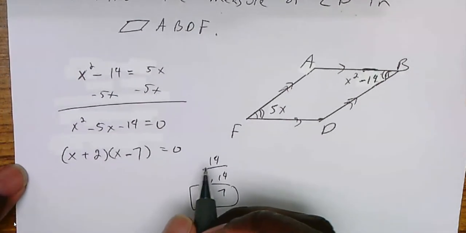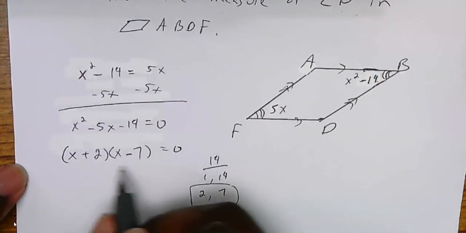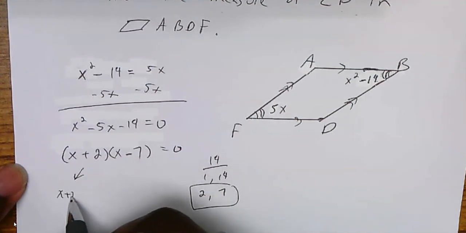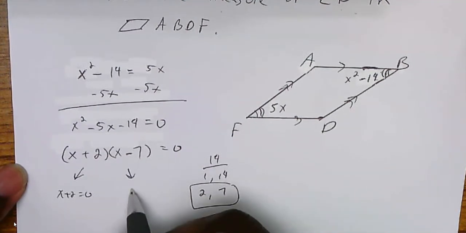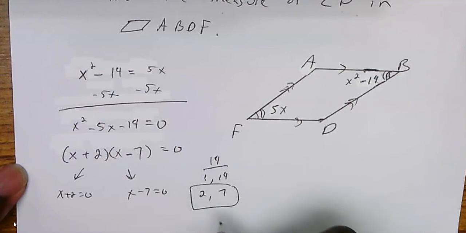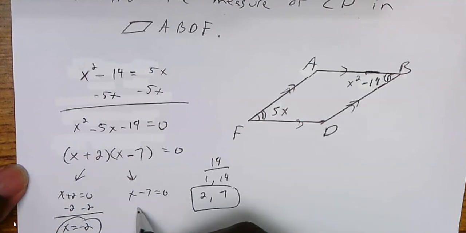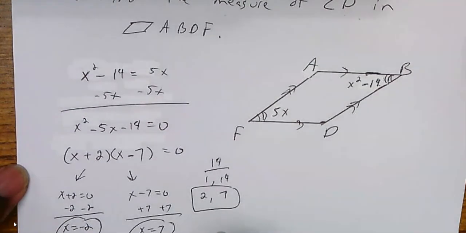If you remember factoring, to find the solutions, you set each factor equal to 0. So I would set x plus 2 equals 0, x subtract 7 equals 0. So one solution is x equals negative 2, and another solution is x equals 7.